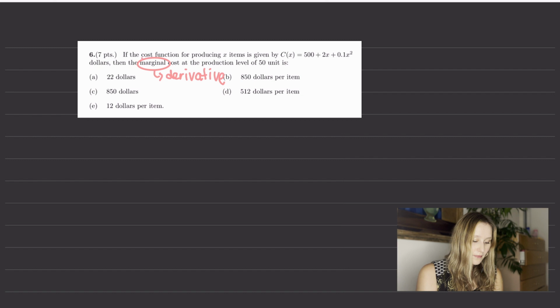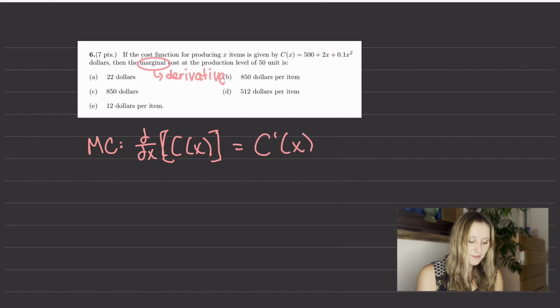So marginal cost is going to be C prime of X. So the marginal cost at the production level of 50 units is where 50 is the X value. So what we're doing is really just taking C prime of 50.